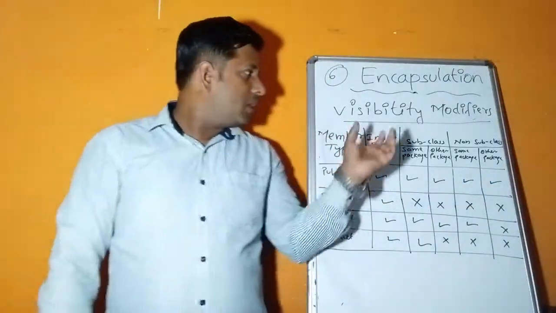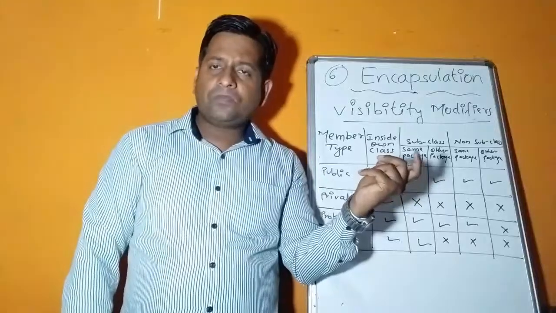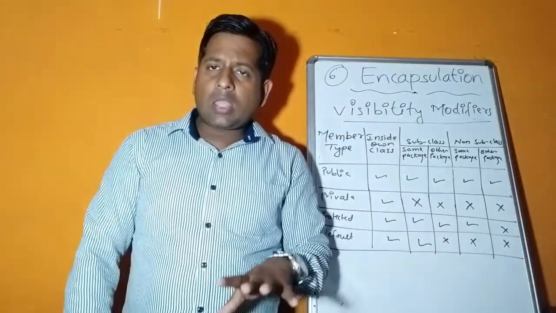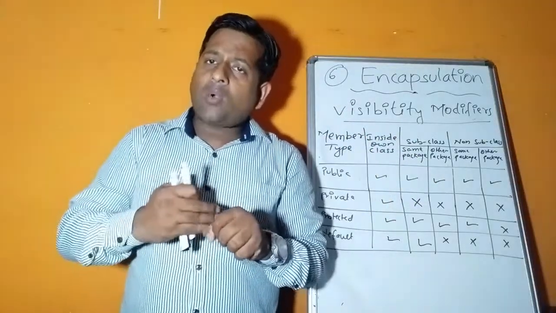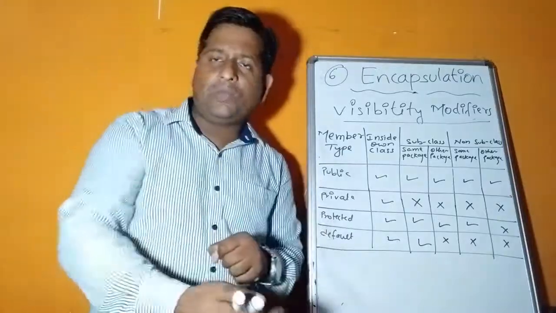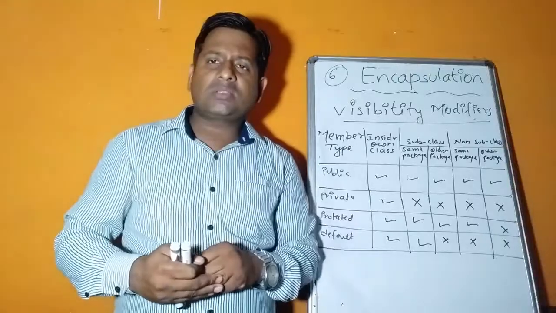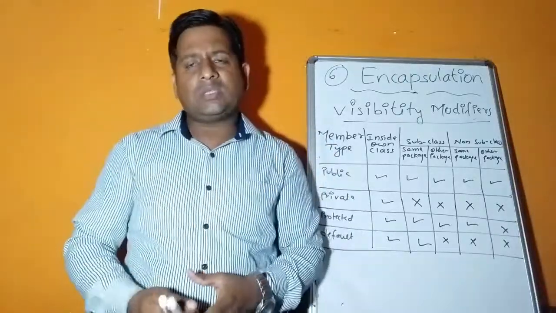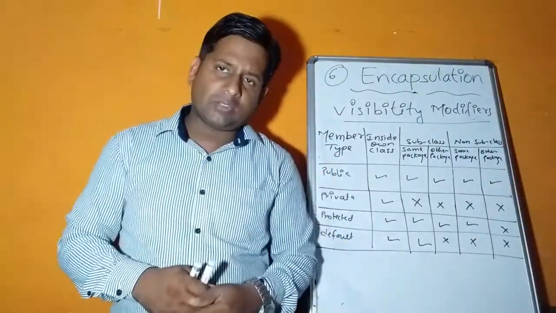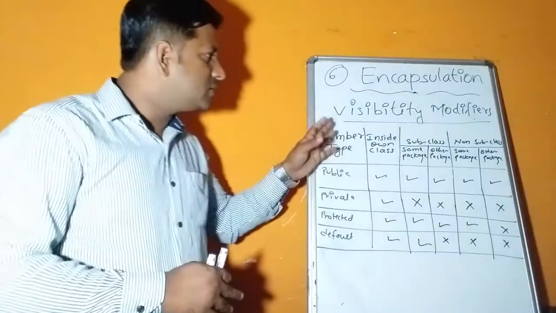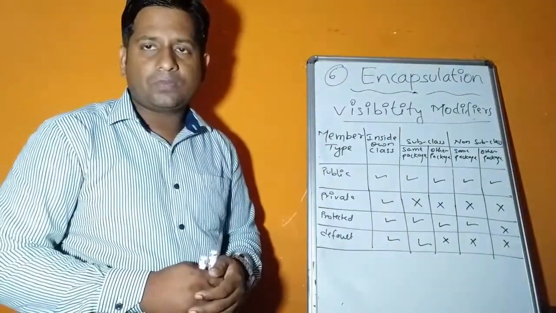So children, visibility modifiers tell us how our members are accessible in other class, same class, subclasses, same package, different package. So this is all about visibility modifiers.